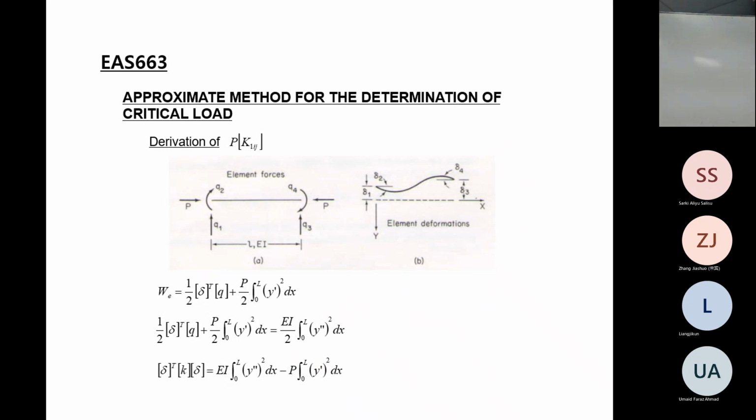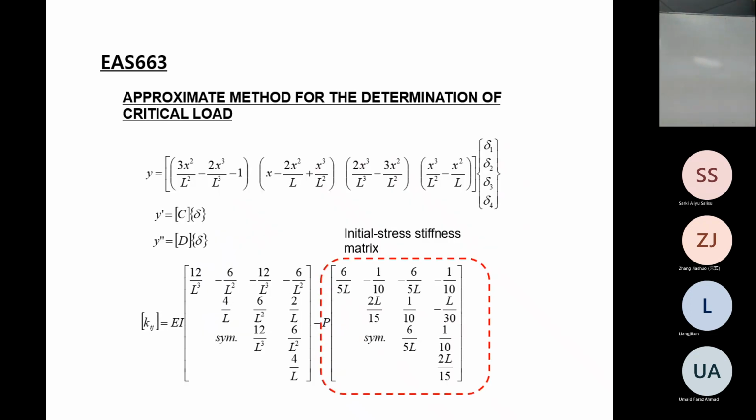So once we know what y is, we can differentiate once to get y prime, and differentiate a second time to get this equation. So this C here is a row vector, and each one of it, you differentiate this one time, you get the first one.